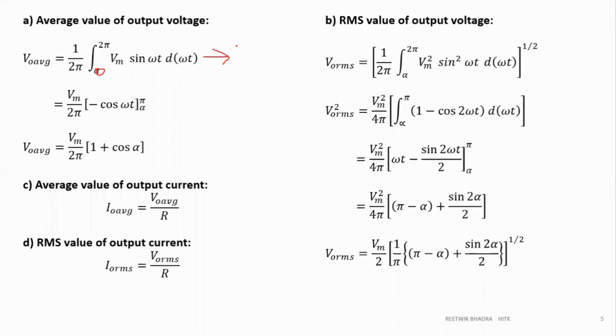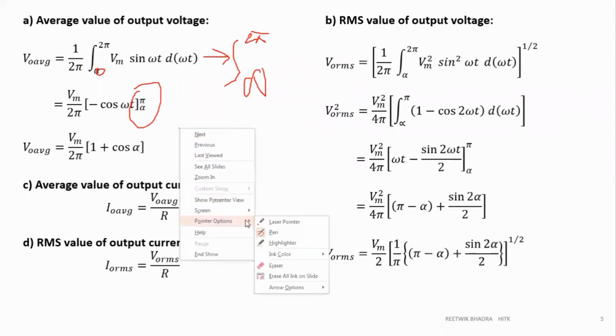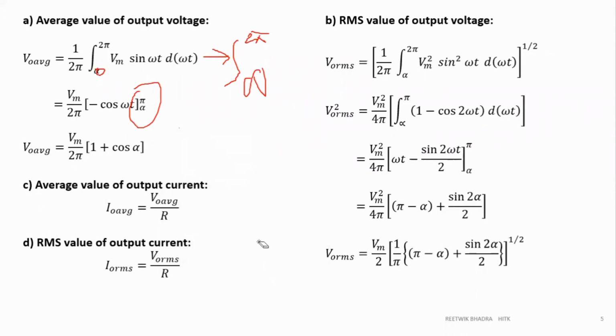The next step is integration from alpha to 2 pi, but the waveform does not extend to 2 pi; it extends from alpha to pi. So you see my limits have changed to alpha to pi. Hopefully you understand this. If you have any problem, just stop me and tell me. The limit is actually 0 to 2 pi, but you have to convert this limit according to the waveform.